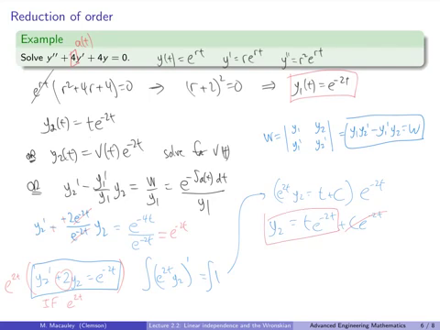So now our general solution is, with y1 and y2, y of t equals c1 e to the minus 2t, that's our y1, plus c2 t e to the minus 2t, that is our y2.